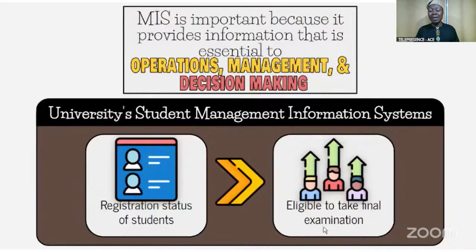No problem. But when you register on your own, your data will be saved and we will be able to see it at the back end in the database. So that is student information on the portal, the university student management information system.